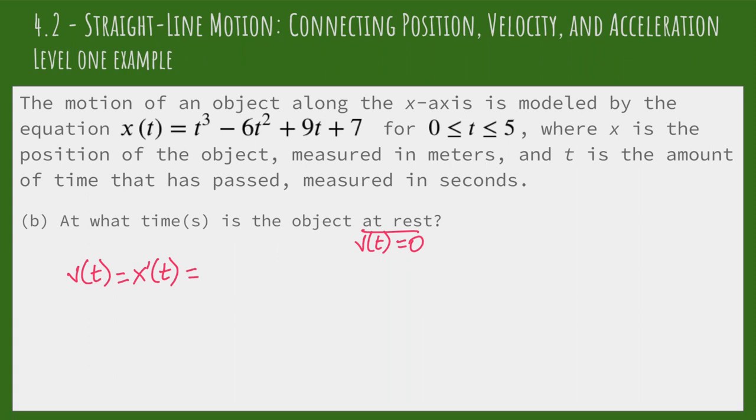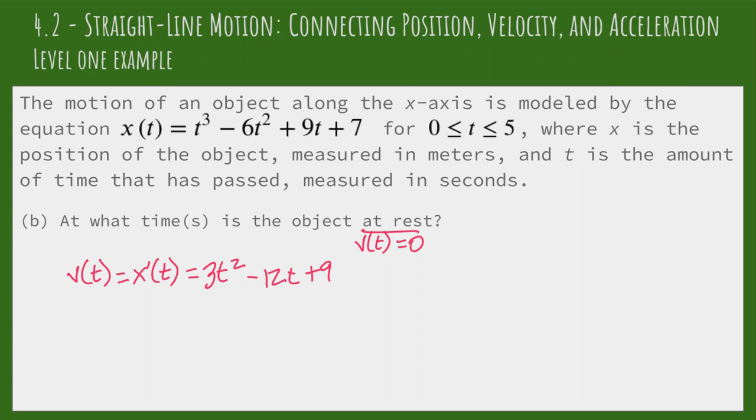We know how to take the derivative. We are taking the derivative with respect to time here because that's our independent variable. So it's just a regular derivative using the power rule, constant multiple rule, and sum and difference rules. So our velocity is going to be given by that.